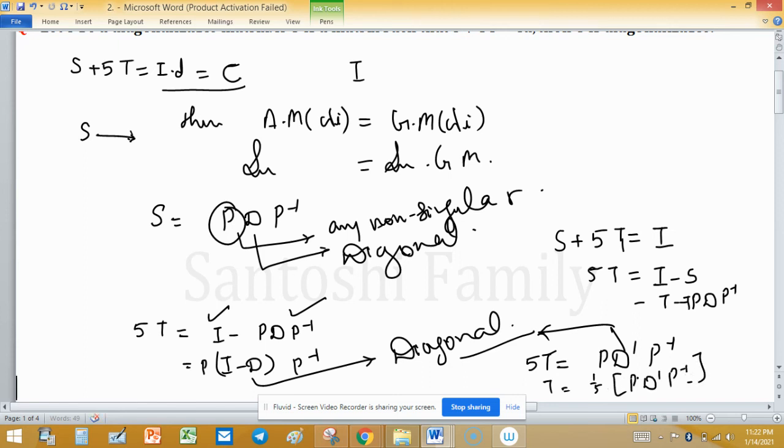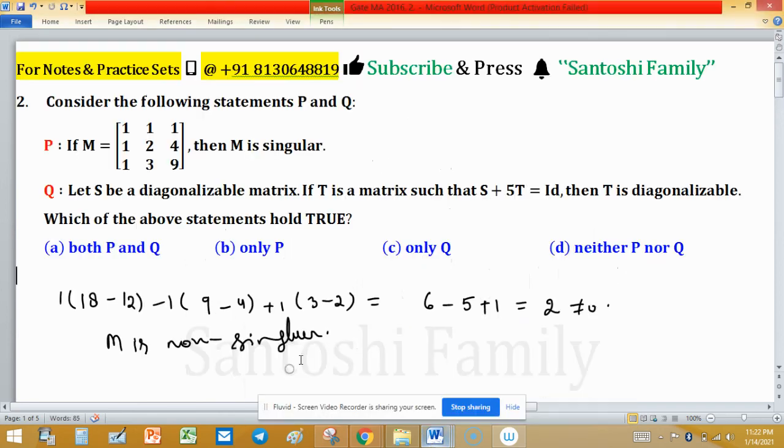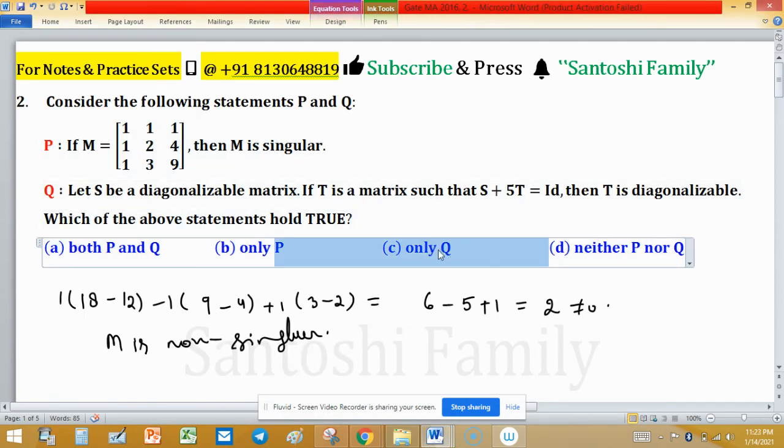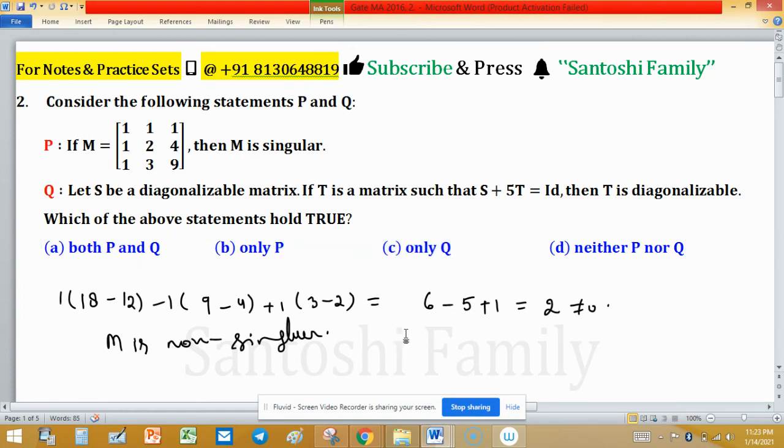The non-singularity remains the same, so P is a non-singular matrix. So T is also a diagonalizable matrix, so this statement is true here. P is false and Q is true only. So option C is our right choice.